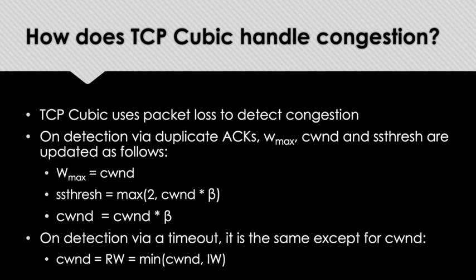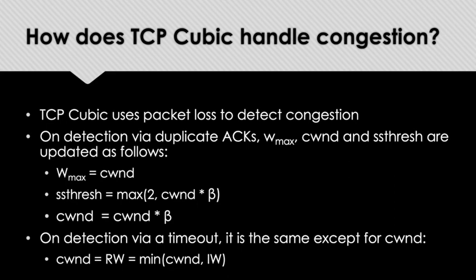In other words, Wmax is set to CWND. It then sets the SSThresh to CWND times the beta multiplicative decrease factor. After this step, SSThresh is reset to the max between the computed SSThresh value and 2, due to the requirement of having a threshold of at least 2 MSS. Finally, the CWND is set to the current CWND times the beta multiplicative decrease factor.